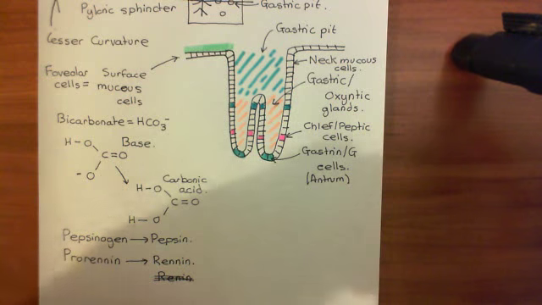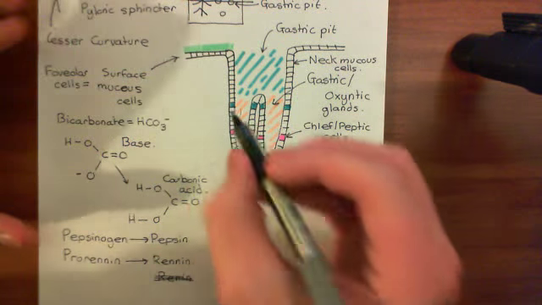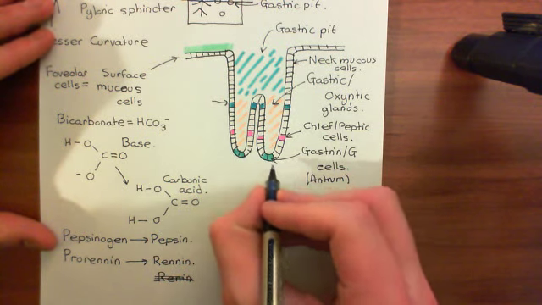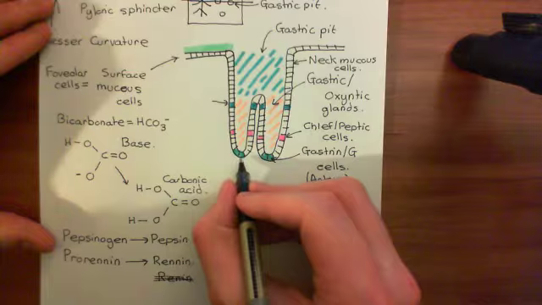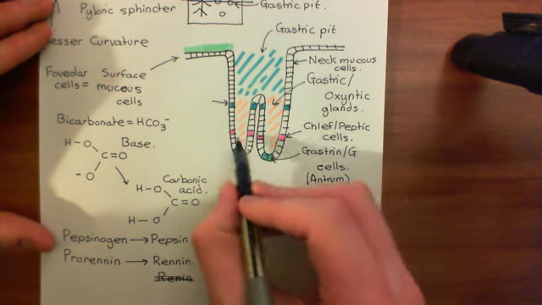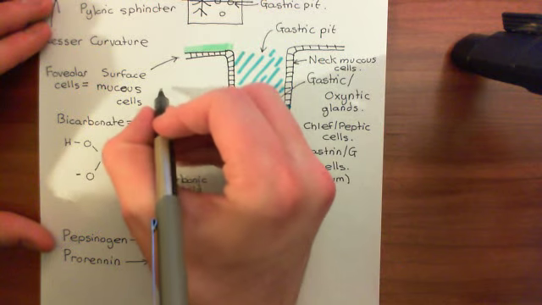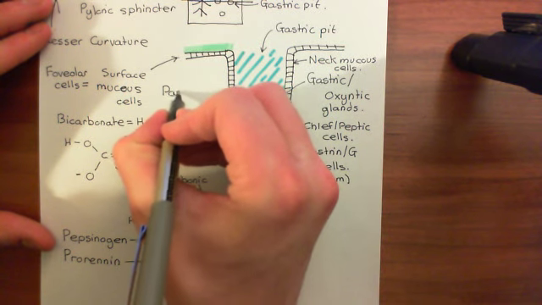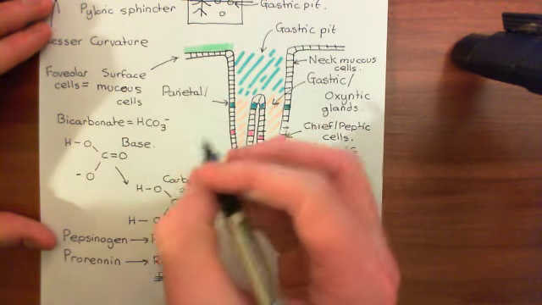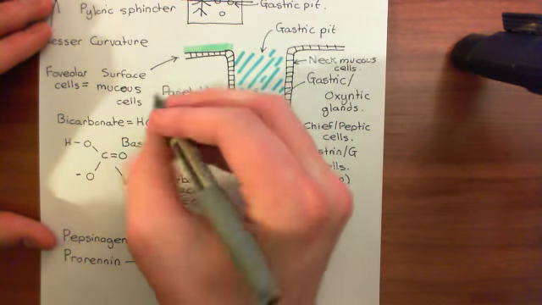Okay, so in blue, these represent the parietal cells. And again, I will stress that it's the G cells that are specially located in the antrum. The chief/peptic cells and the parietal cells, which are also called oxyntic cells, are found more generally in most of the locations of the stomach.